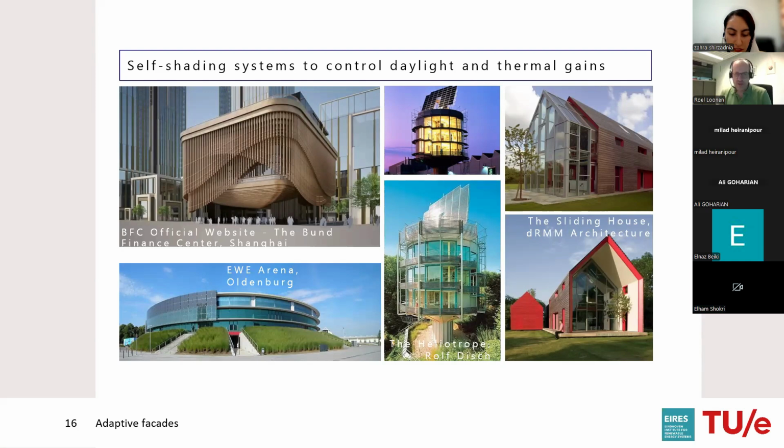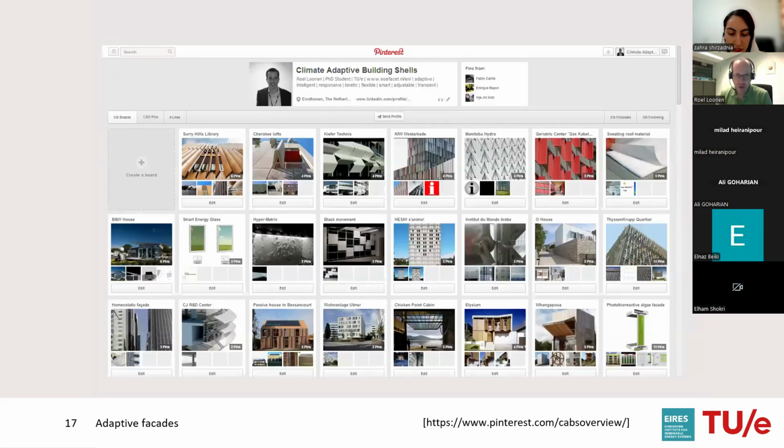So I didn't want to make this presentation then only about these examples, but if you are interested in finding out more, you can go to this website with a link at the bottom of this page, where I have been maintaining an overview of, I think it's around 500 examples of adaptive facades.